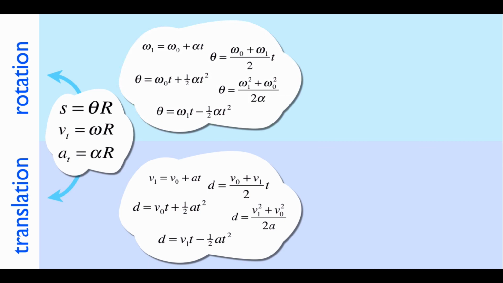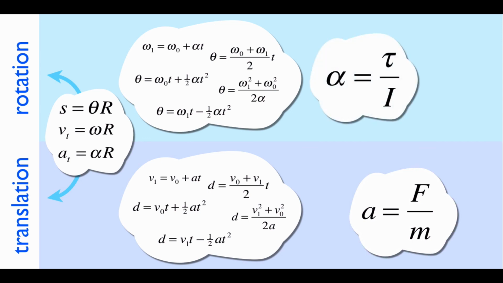Just as we have a Newton's second law that tells why position changes, we also have a Newton's second law for rotation to tell the story of changes in angle. The torque we find from a combination of force and where it acts, and the rotational inertia, we look it up.